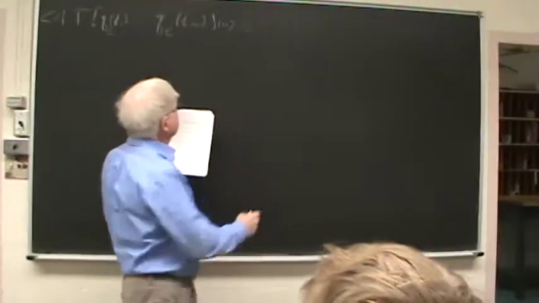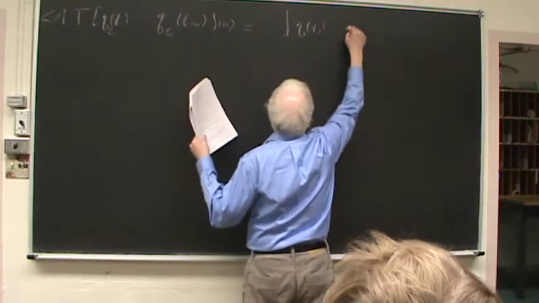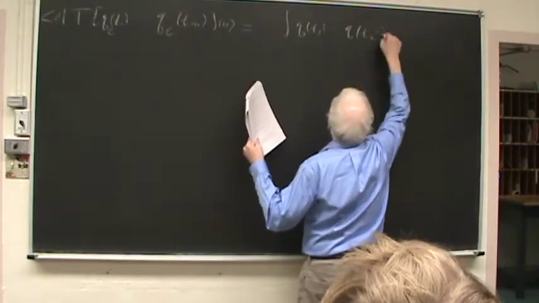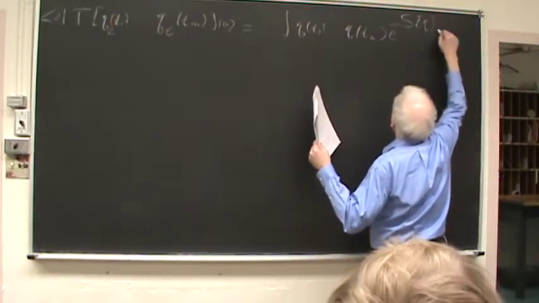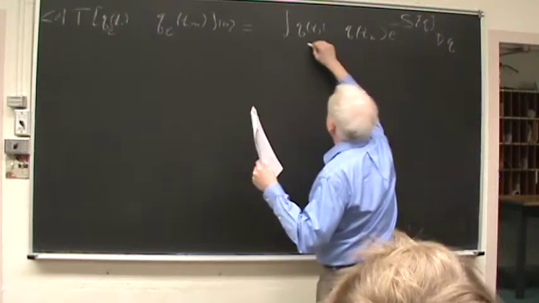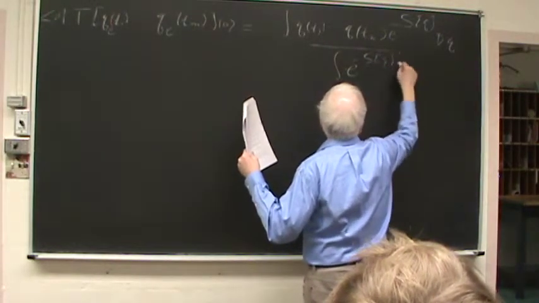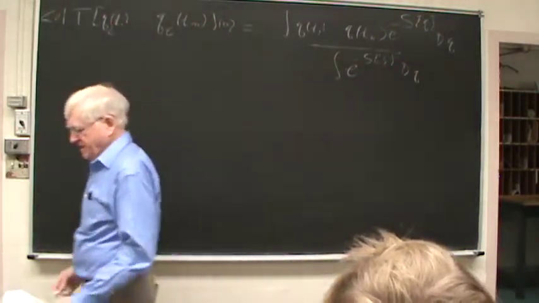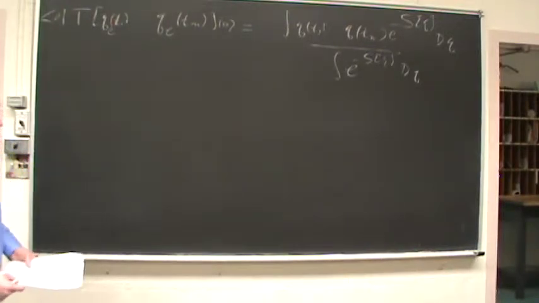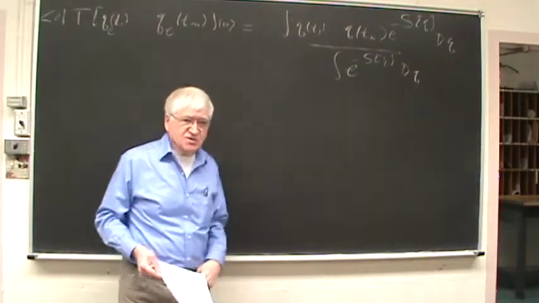And then on the right-hand side, what we have is an integral q of t1 dot dot dot q of tn e to the minus S of q dq, and then we still have to divide by e to the minus S of q dq. And this S of q is Euclidean, meaning it's kinetic energy plus potential energy. And so it's basically e to the minus energy, although it's more properly called Euclidean action.